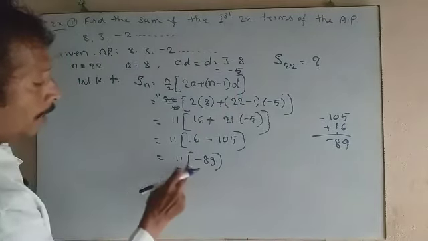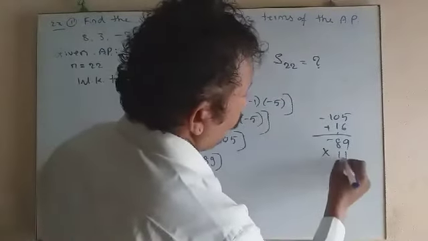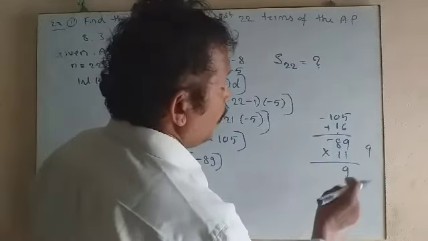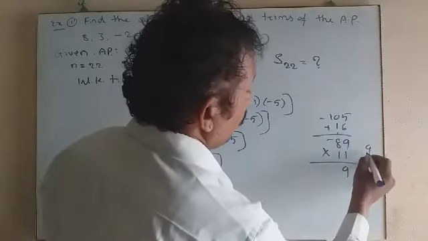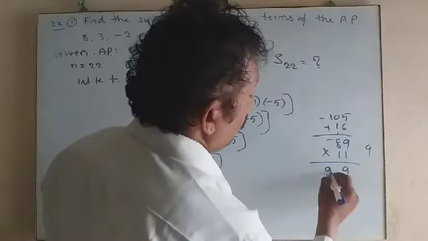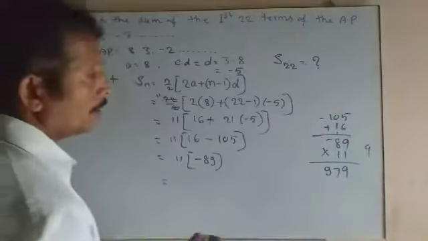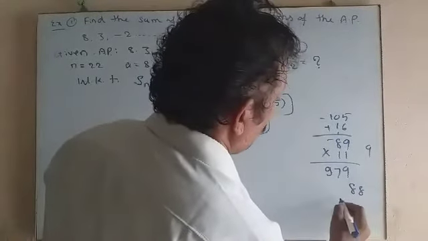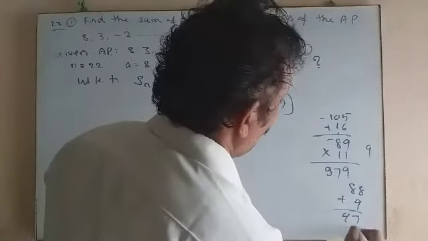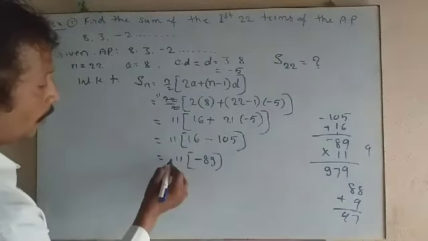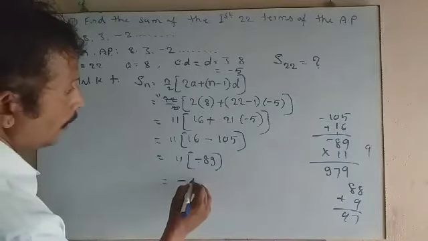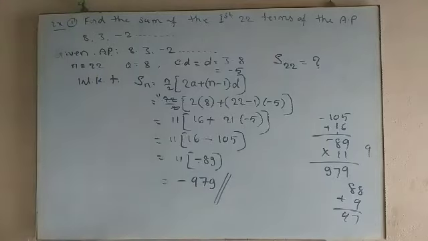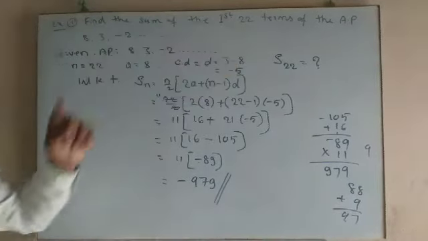Multiply minus 89 by 11: 11 9s are 99, 9 carry, 11 8s are 88, 88 plus 9 is 97. This is plus, this is minus, so the answer is minus 979. This is the sum of the first 22 terms of the AP.